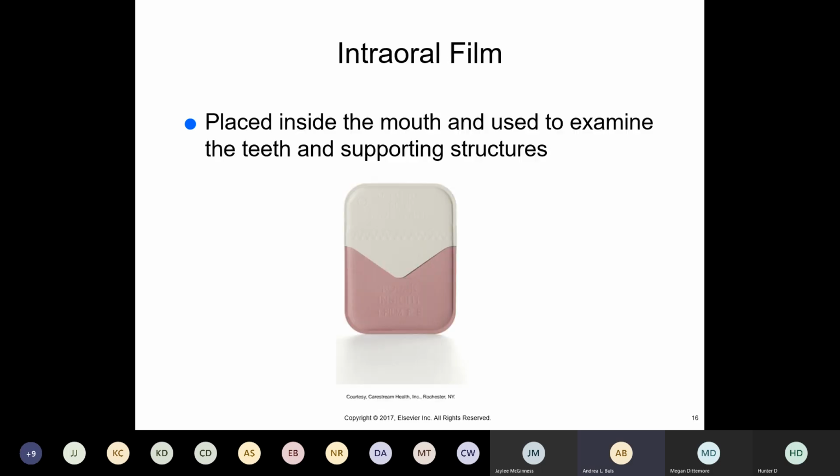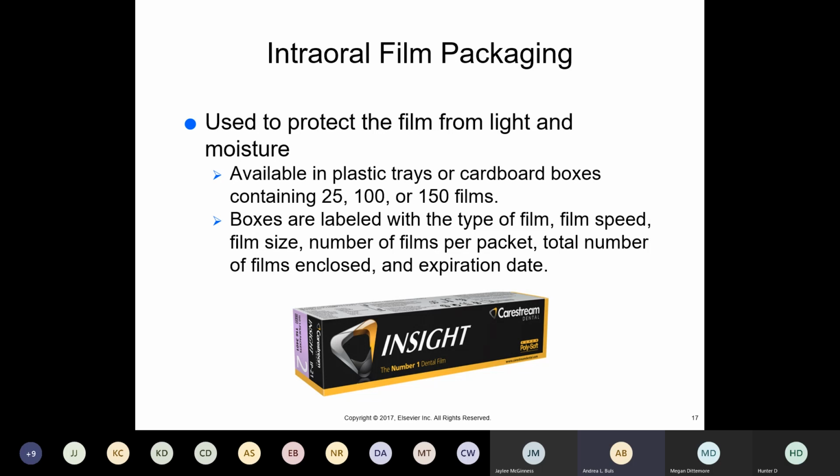Okay, let's get back here. So the intraoral film packaging is covered with a plastic coating, and that is to protect the film that's held inside from light and moisture. And you can see this box here. This is how they came packaged. They have 25, 100 to 150 films in a box, depending on how you buy them.